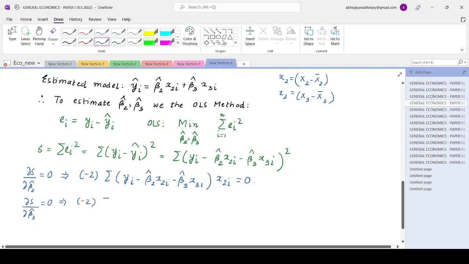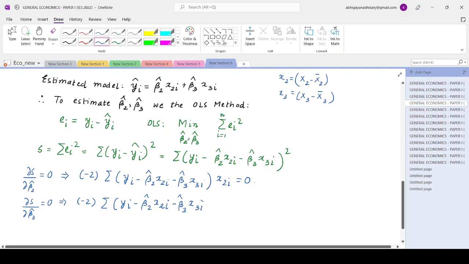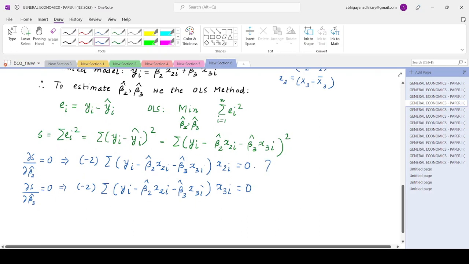So minus 2 taken out, and this will be yi minus beta 2 hat x2i minus beta 3 hat x3i, multiplied by x3i, and this whole term equals 0. So these are the two normal equations that we get.